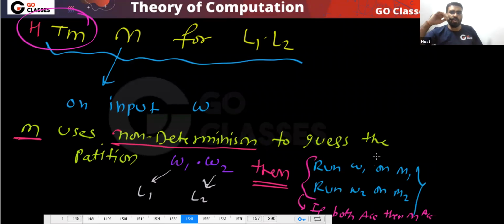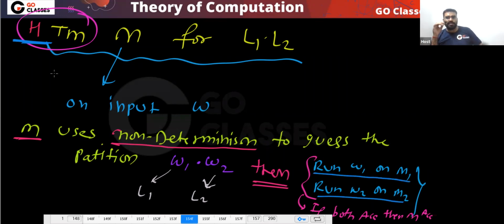Now, can you notice why you can guarantee that this is a halting Turing machine? Because it will definitely halt. Agree or not?